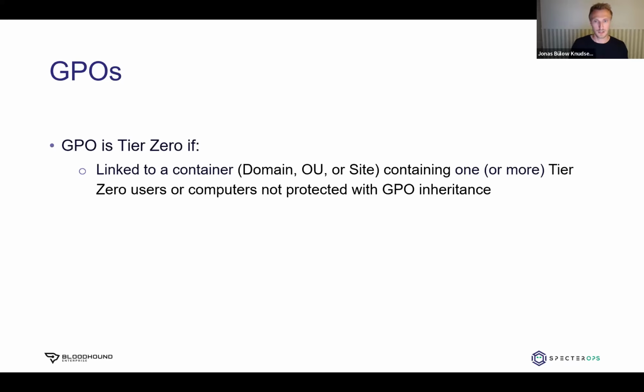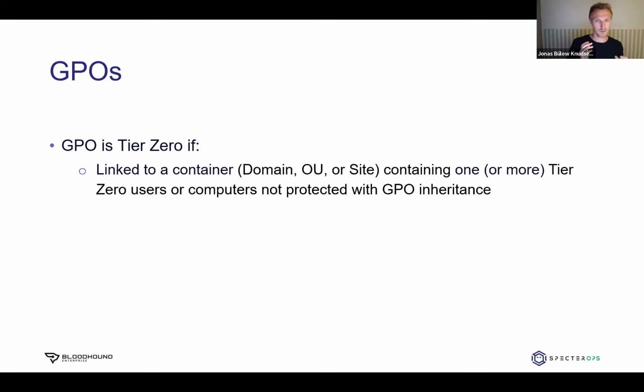This definition is, again, a bit tricky because it also involves this not statement. It should not be classified as tier 0 if these tier 0 users and computers are protected with GPO inheritance. So it's possible on GPOs to say that you don't want any GPO settings that apply to the above parent objects.